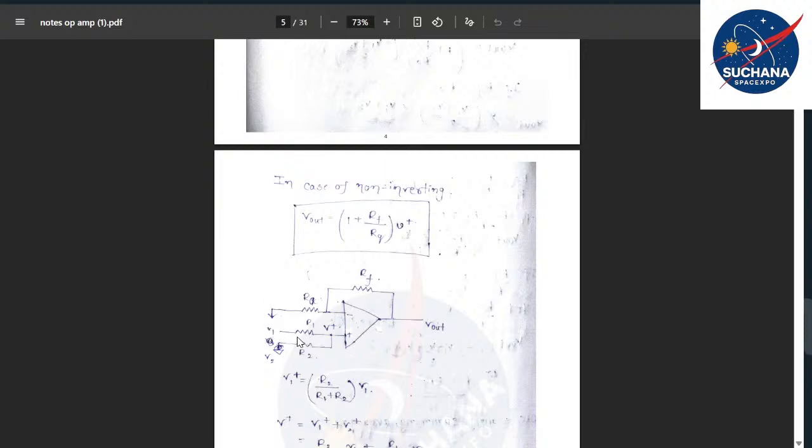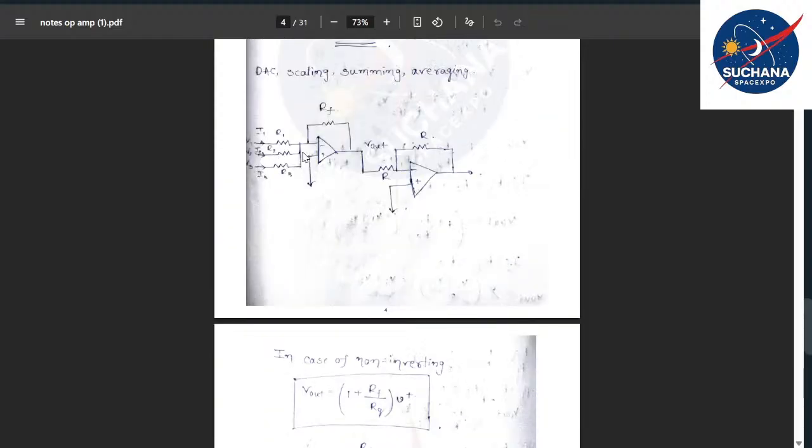Apart from this, you can find one resistor, labeled as RA, connected to the negative terminal, which is the inverting terminal. But in this case, no resistor is placed at the non-inverting terminal.